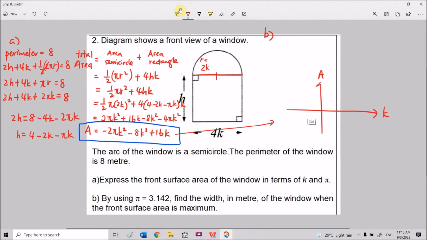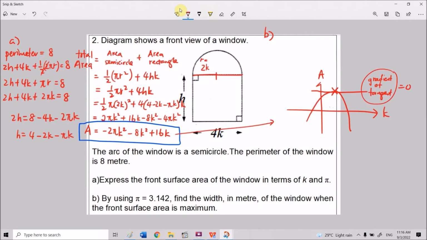It's either like this or maybe this. Since the coefficient for the k squared here is negative, it will be a graph like this with a maximum point. At the maximum point, we learned that the gradient of the tangent is 0.